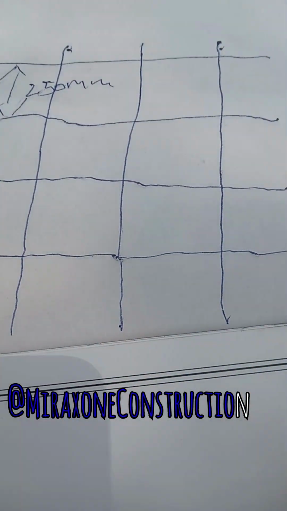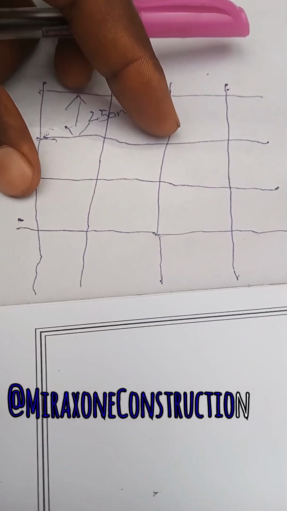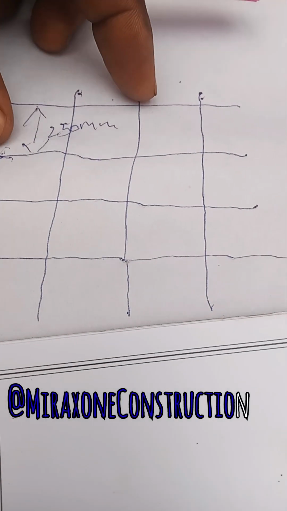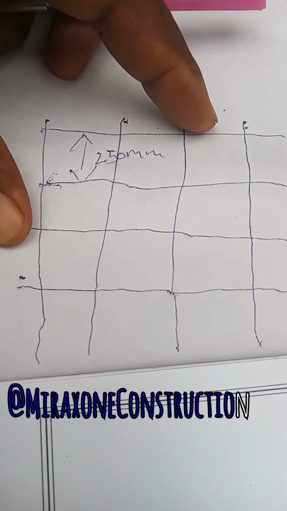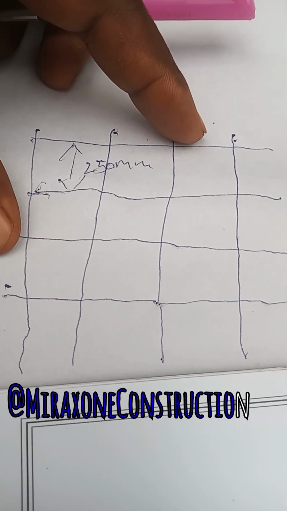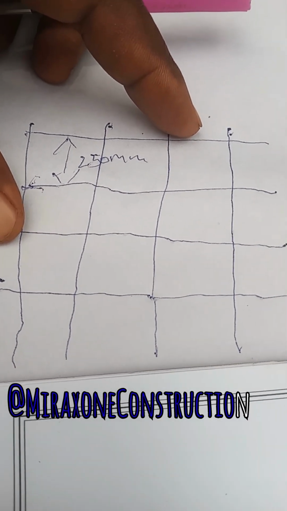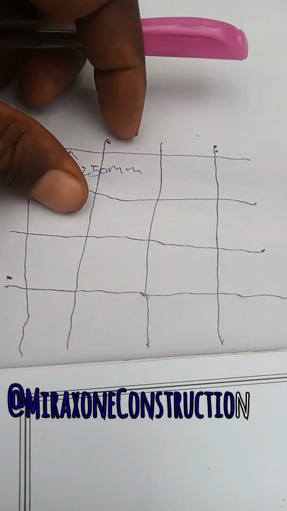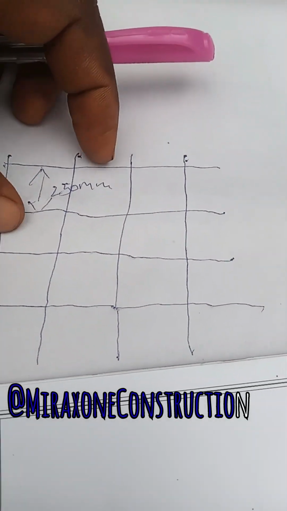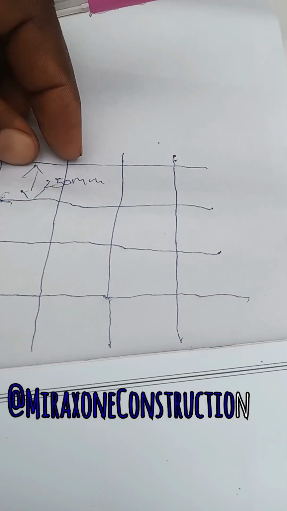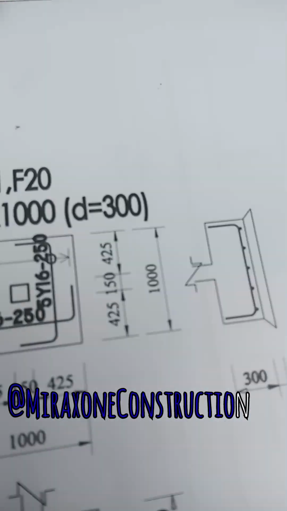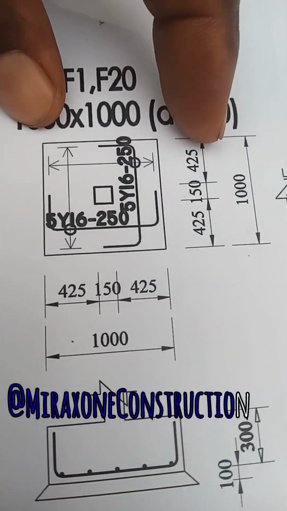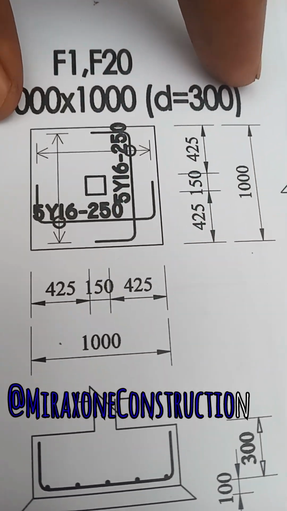This is just a freehand sketch that I carried out about this footing detail. So the fitter man will have to give a gap of 250 millimeter from one reinforcement to another. So this is just the analysis of this F1 and F20.